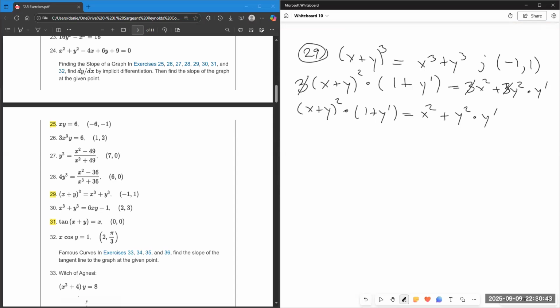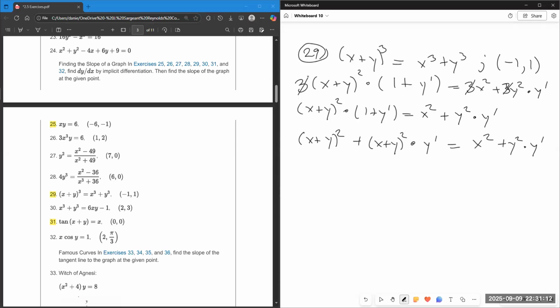If these y primes get mixed up with your y's, use dy dx instead. That'll be fine. So we have x plus y quantity squared plus x plus y quantity squared times y prime equals x squared plus y squared times y prime.